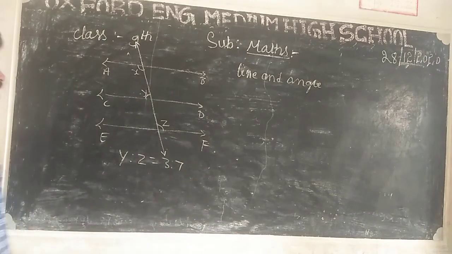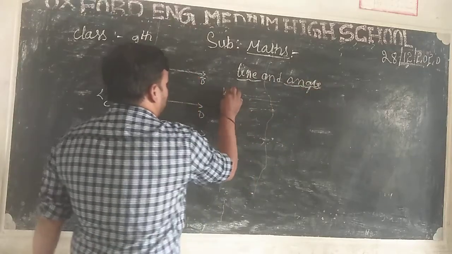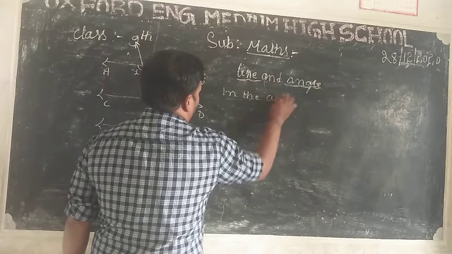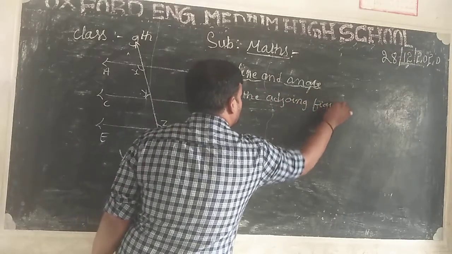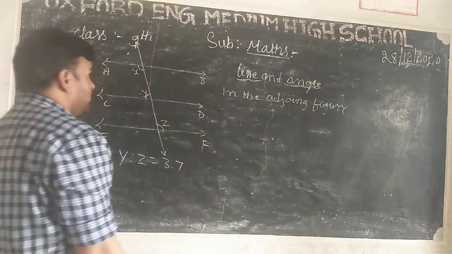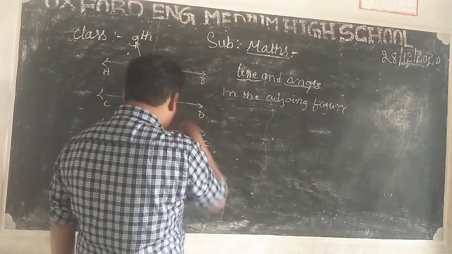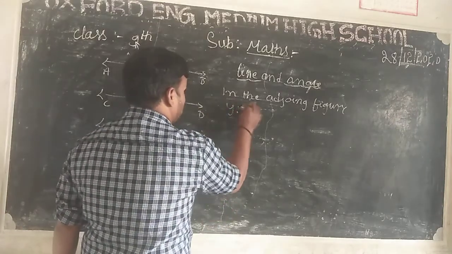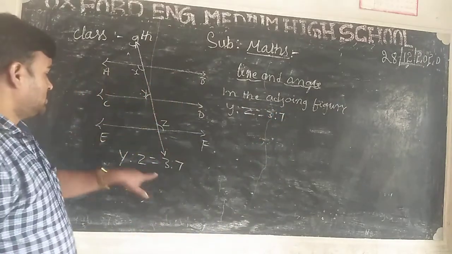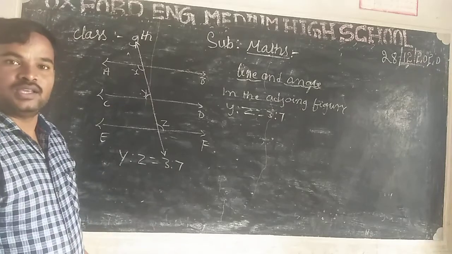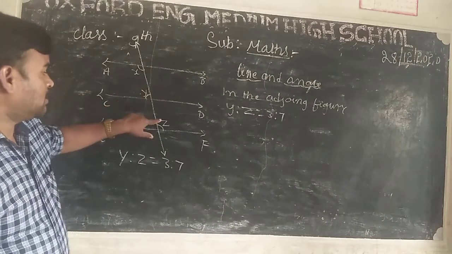Listen dear students, in the adjoining figure, y is to z is equal to 3 is to 7, which means 3 times and 7 times.